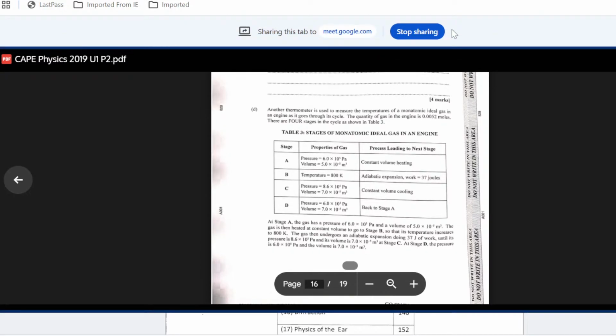Alright, so going back to the question, in stage A we can talk about how each stage will look. You have the pressure and volume that it starts at, and they say constant volume heating. So how would you expect the line for stage A to look?